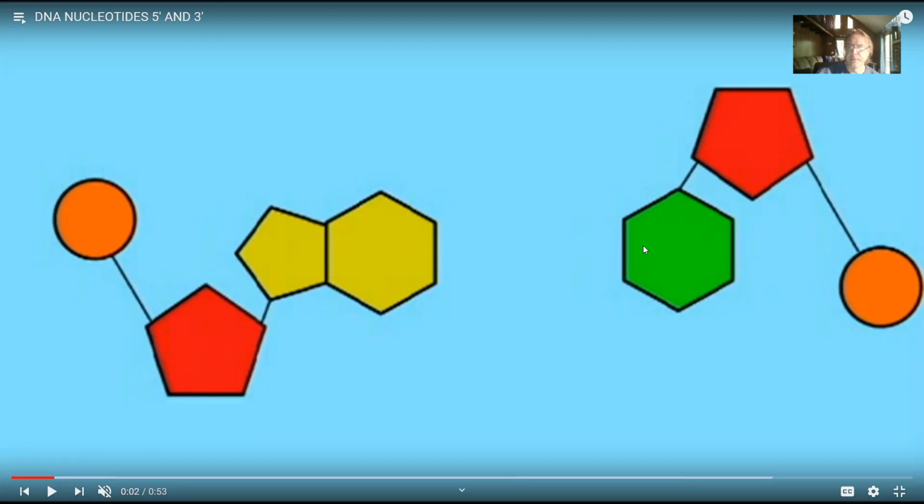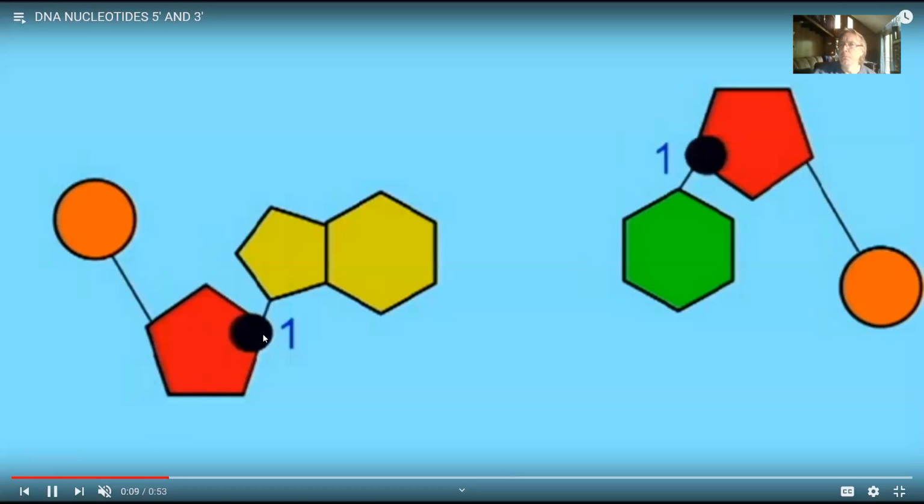Now the nitrogenous bases can either have two rings, in which case they're called purines, like adenine and guanine, or they can have one single ring, in which case they're called pyrimidines, like thymine, cytosine, and uracil.